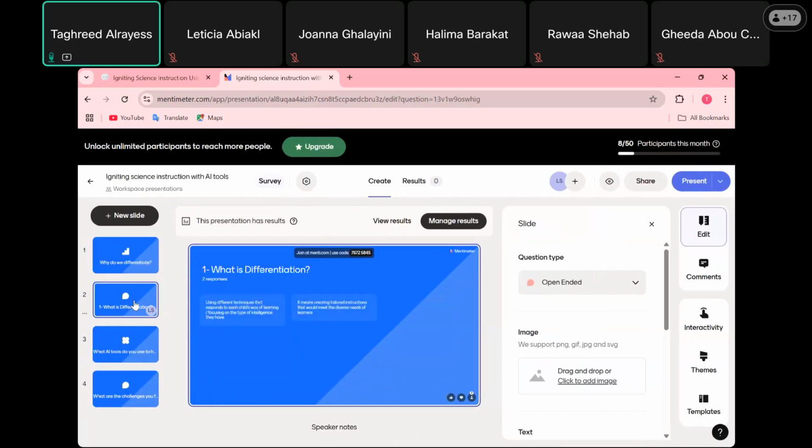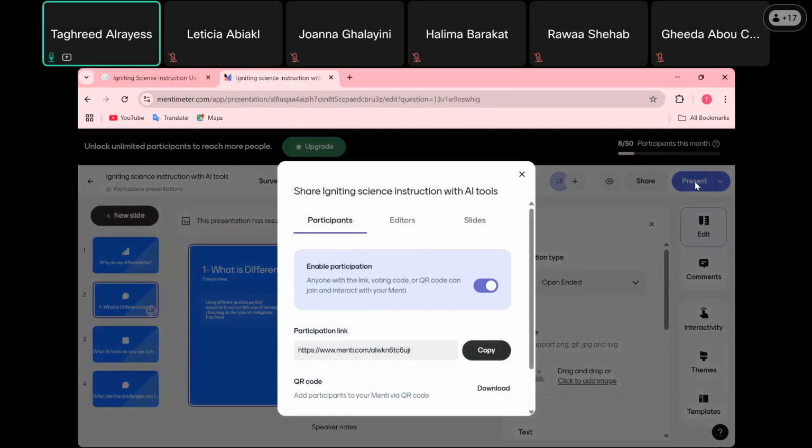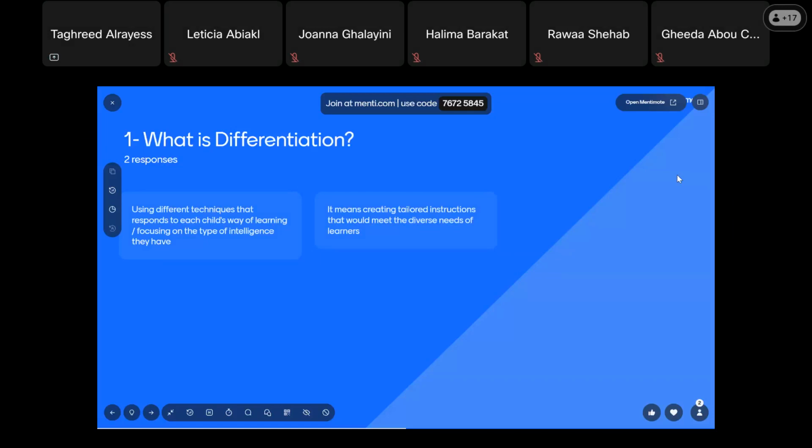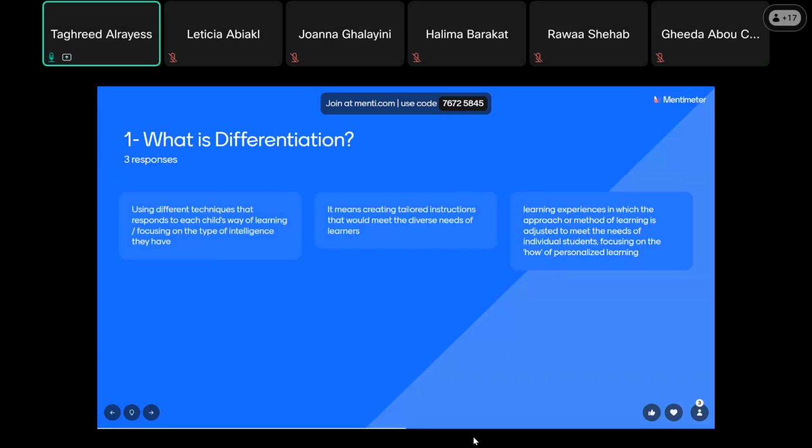Okay, let's jump into the second question. What is differentiation? Using different techniques that respond to each child's way of learning, focusing on the type of intelligence they have. That's great. It means creating tailored instructions that would meet the diverse needs of learners. Great. Learning experiences in which the approach or method of learning is adjusted to meet the needs of individual students, focusing on the how of personalized learning.